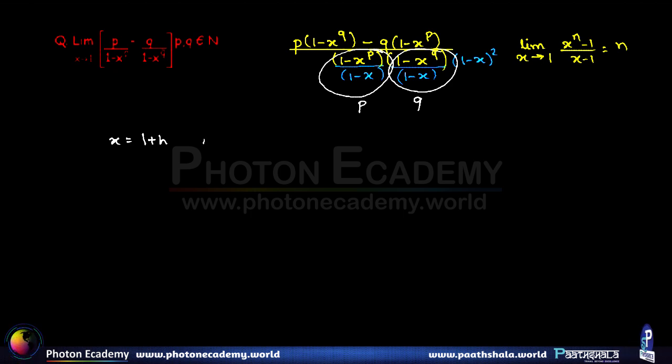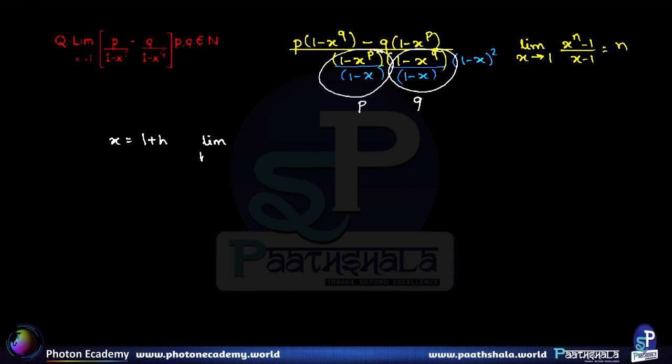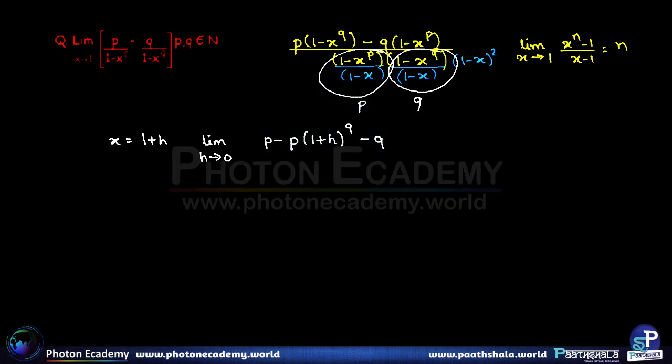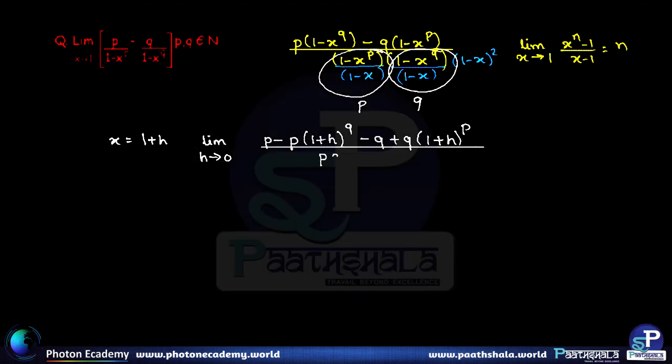So it will become limit as h tends to 0, p minus p(1 plus h)^q minus q plus q(1 plus h)^p, upon, we have a p, a q and 1, so this is just h square.